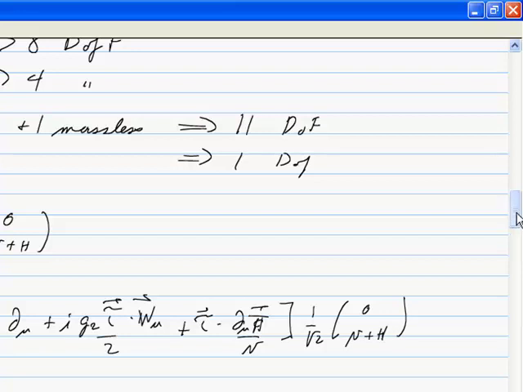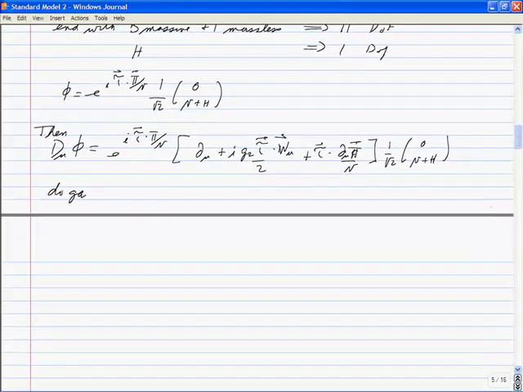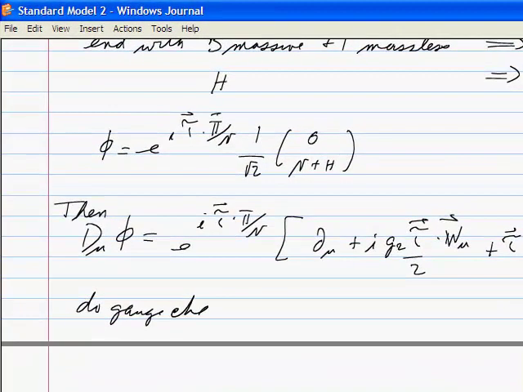Okay. And then we do a gauge change. W_a^μ goes to W_a^μ minus 1 over gv d^μ π.